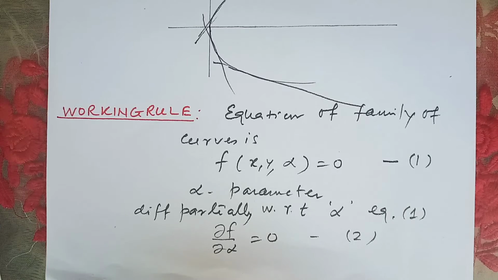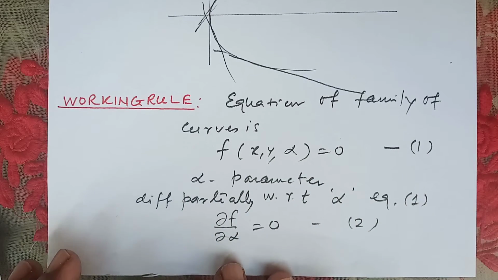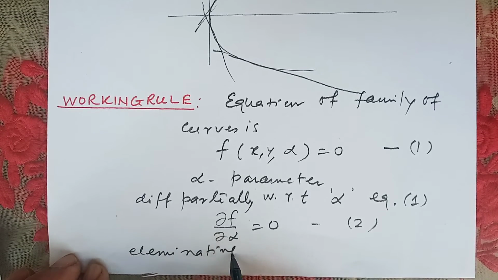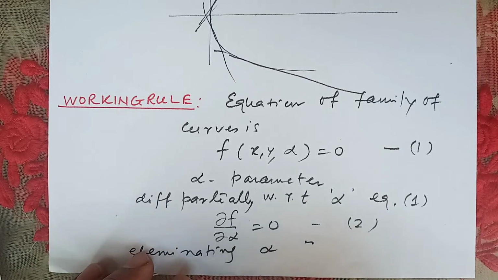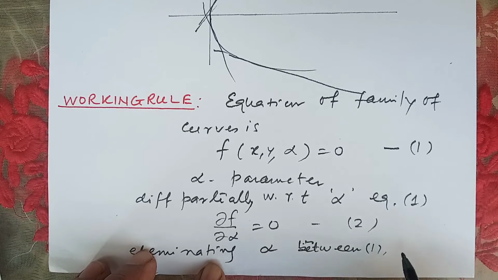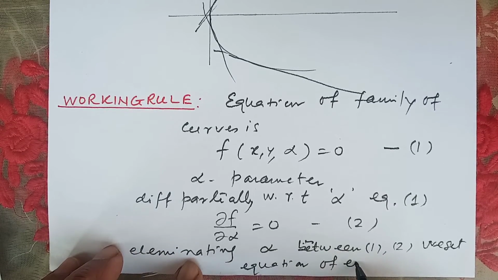Now our aim is to eliminate alpha between 1 and 2. So the next step is eliminating alpha between 1 and 2, so we get the equation of envelope of the family.